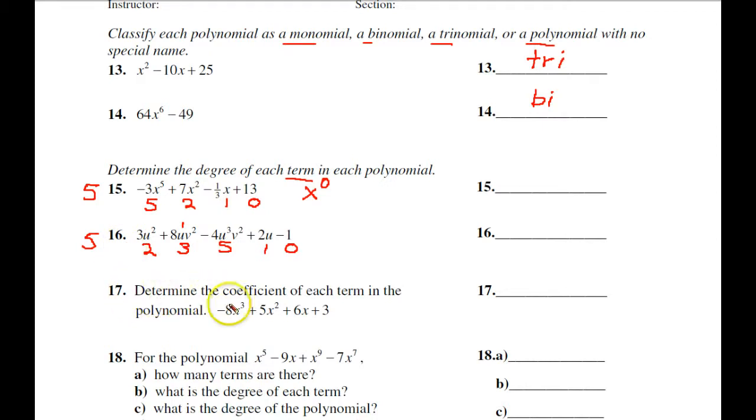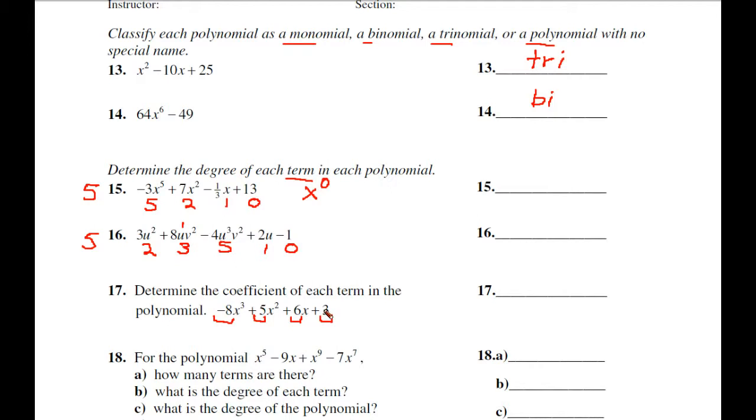Number 17, determine the coefficient of each term. Well, the coefficient would be the number part in front of the variable. So this would be a -8. This would be a 5. This would be a 6. And this is a 3.